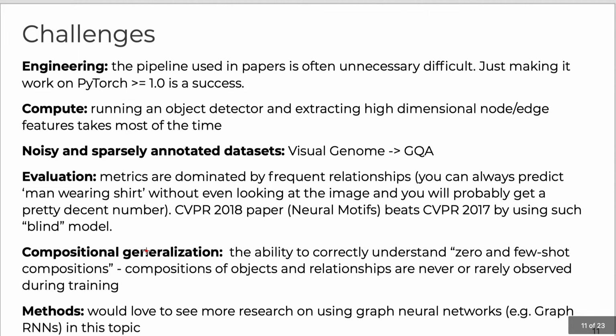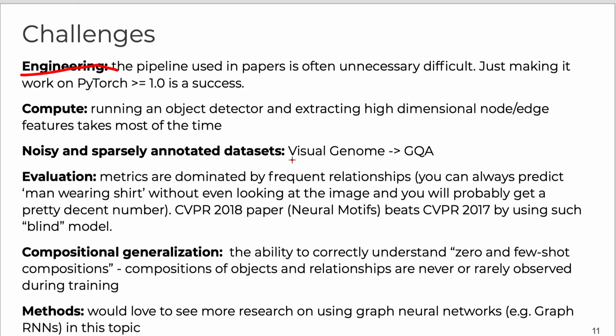So the main challenges in the scene graph generation problem are, first, as I mentioned, engineering efforts, and yeah, it can be very time consuming just to make it work, and it would also require quite a lot of compute and running time.